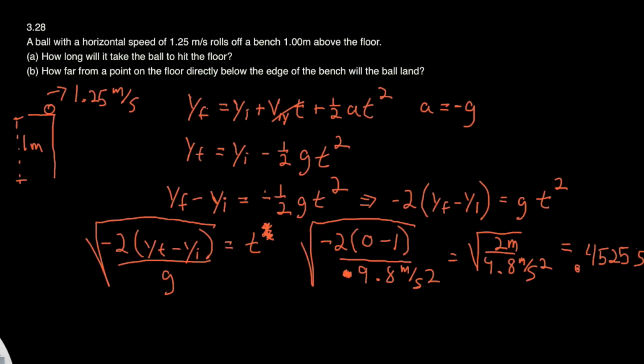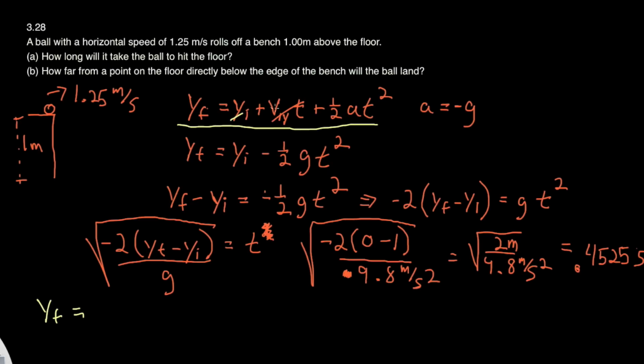Okay, so now let's do part B. Part B is a little simpler. We're going to use the same equation from part A. However, if you notice, a lot of the stuff goes out. We're left with y final, because we want to find the final position, and we know y initial is going to be 0, so this goes away.